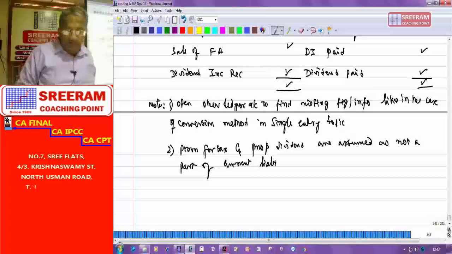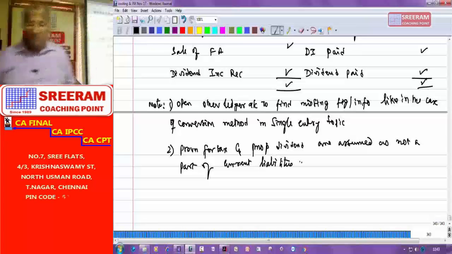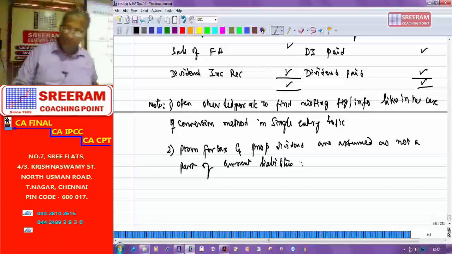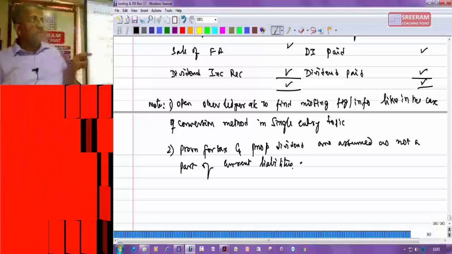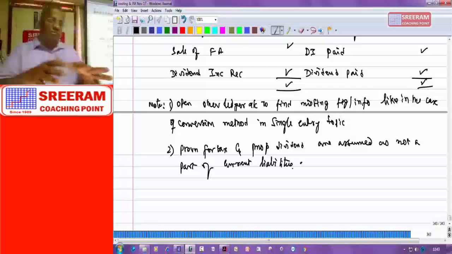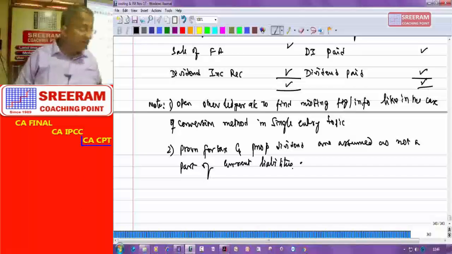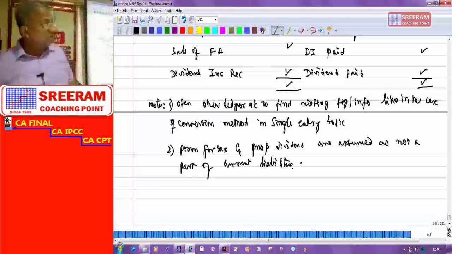In a problem, if they say to treat this as current liability, treat it so. When the problem is silent, consider them as non-current liabilities. They are liabilities, but non-current. It will not come under the statement of changes in working capital.